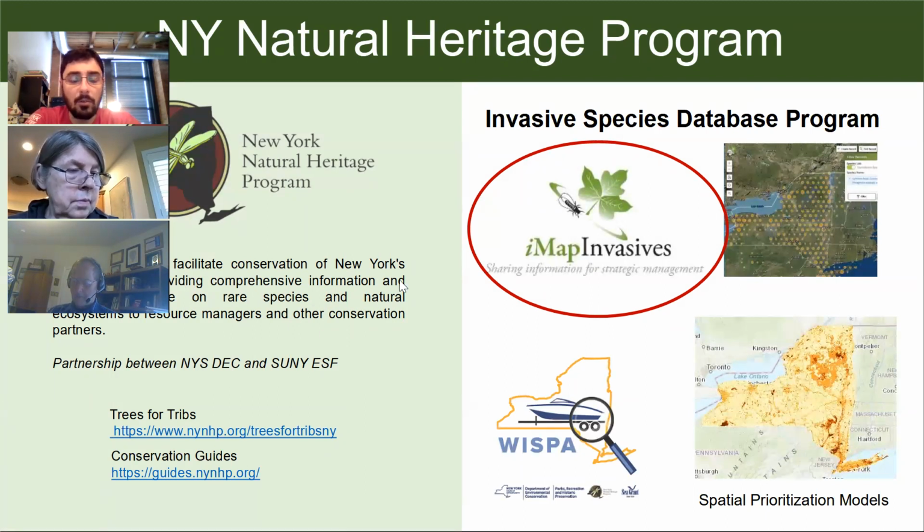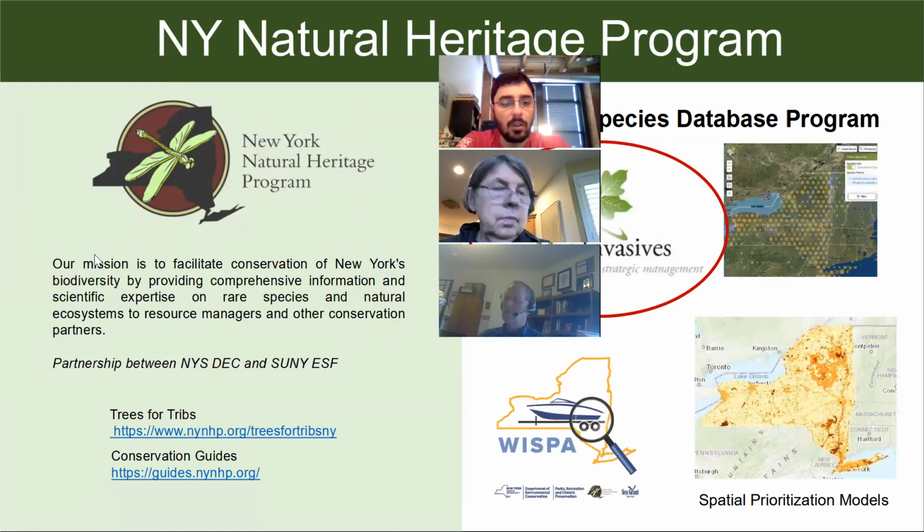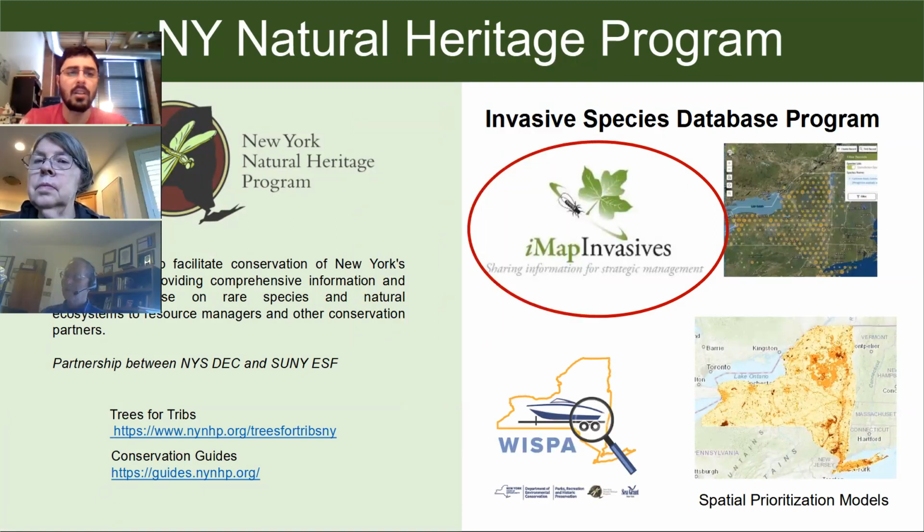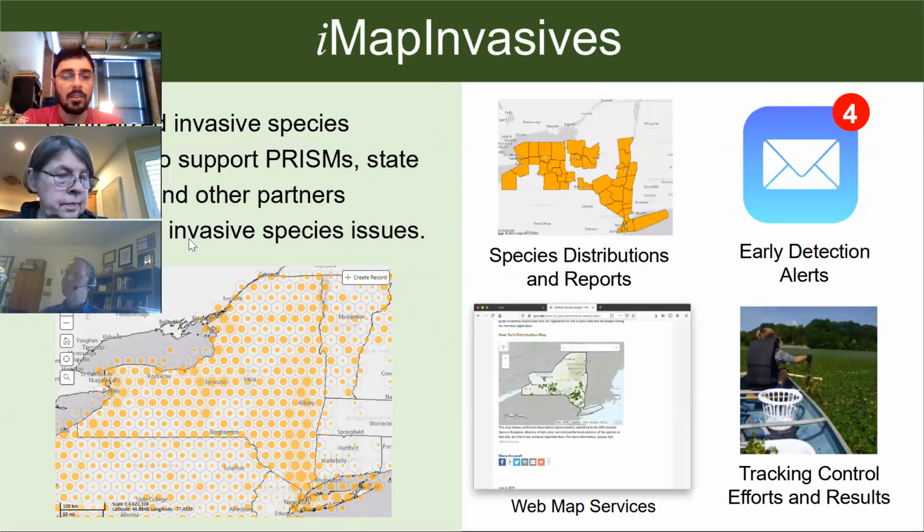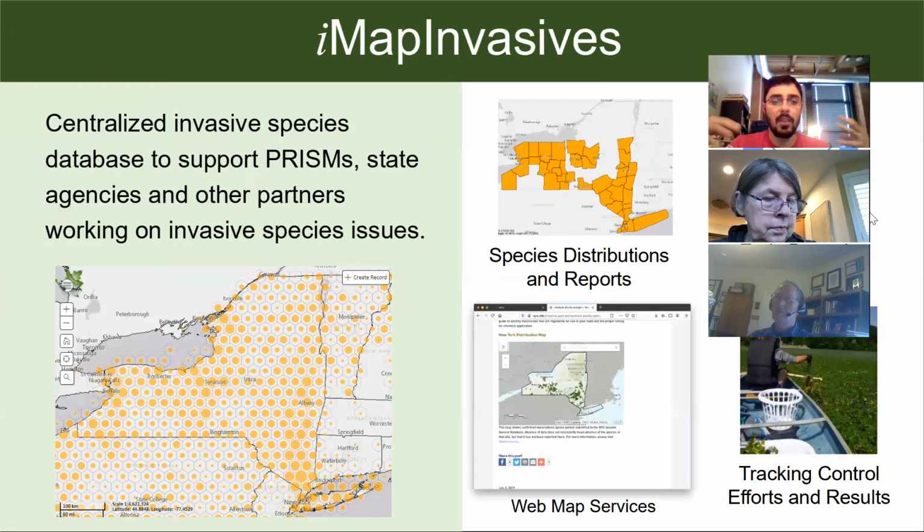Just a little bit of background on who they are. They are part of the New York Natural Heritage Program, which is basically a collaboration between SUNY ESF, where I went to school, and New York State DEC. And they run the iMap Invasives database platform. This is essentially a centralized invasive species database that is meant to support invasive species management in the state.